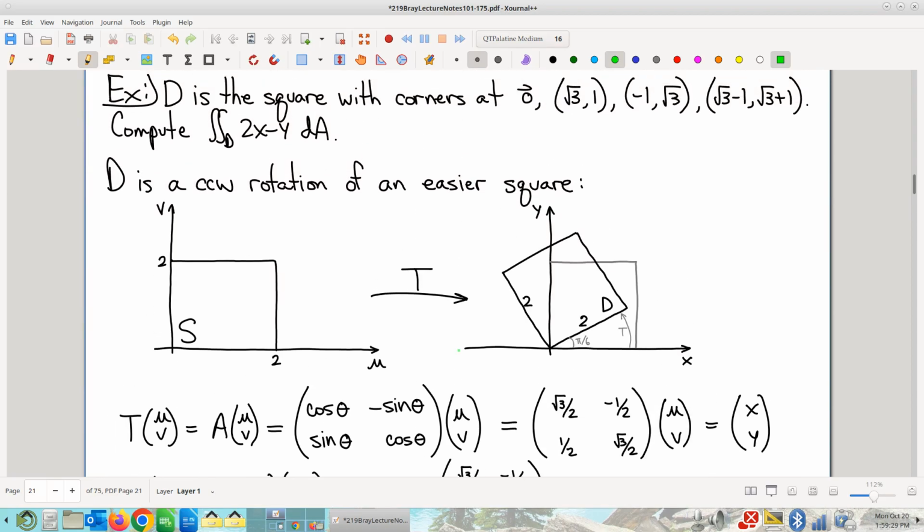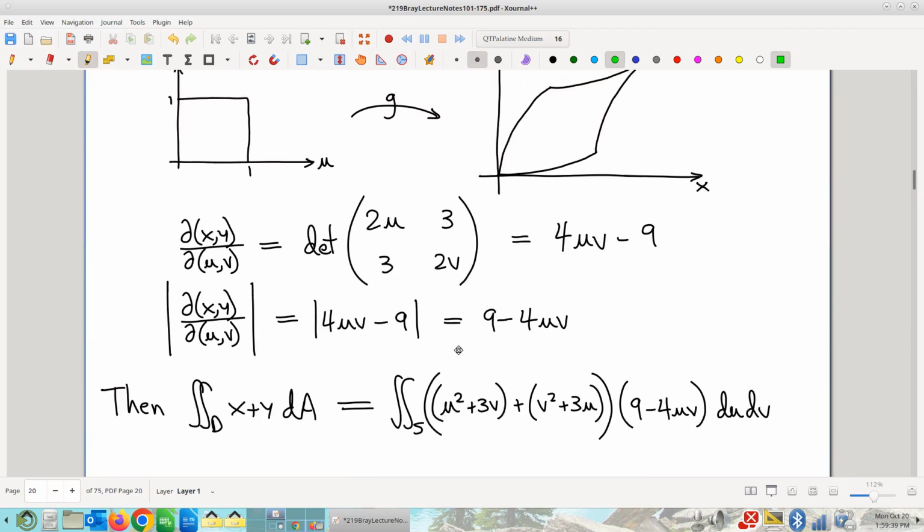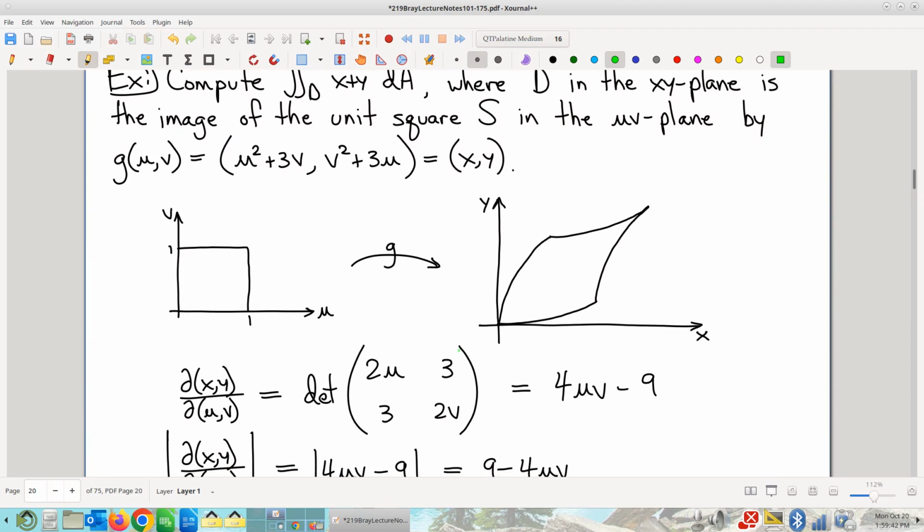Sometimes nice, natural, simple, geometric transformations, rotations, translations, stuff like that, might be able to do what you need. And sometimes, depending on how the question is stated, it may be either bluntly given, like in this example, or you might have to read between the lines, but it might be implied by the way the question is phrased. There might be an implied change of variables function.